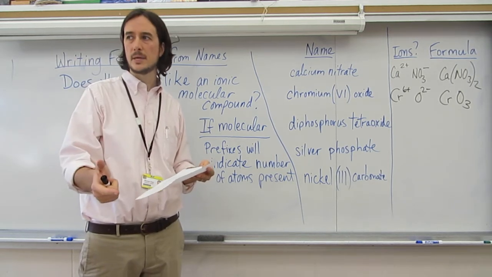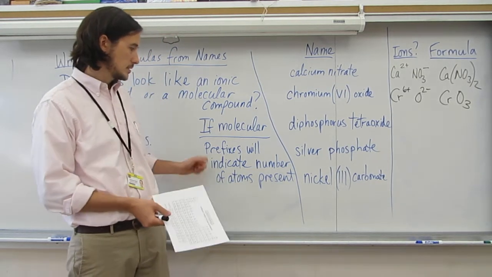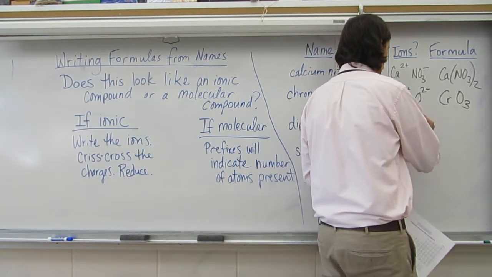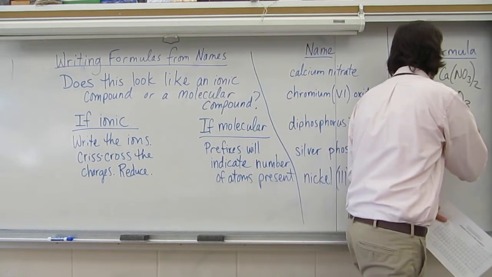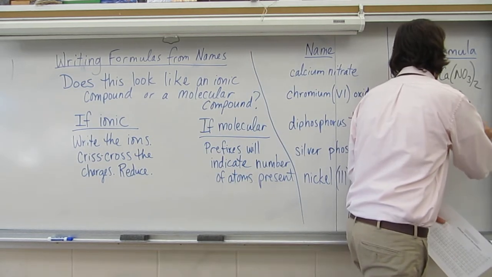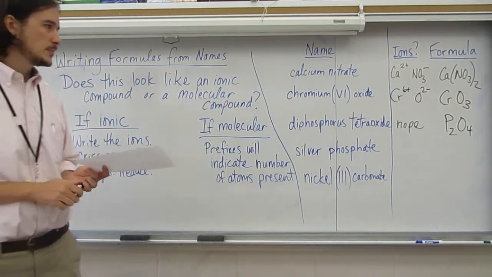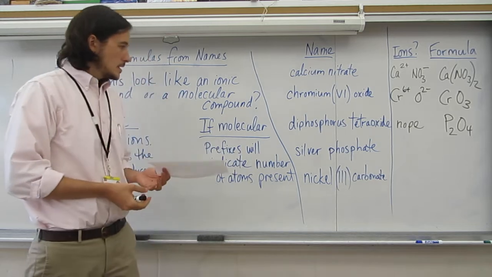And when we see 2 nonmetals, that's how we're going to be naming these. So these are easy. Prefixes tell you how many. So, no ions. Just P2O4. People don't get those wrong as long as they know the prefixes.